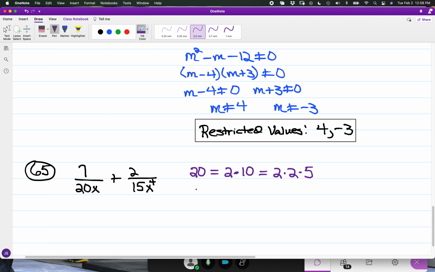Now for the number 15, we have 1 times 15, and 15 has prime factors 3 and 5. And again, with the variable factor, we have only the letter x.